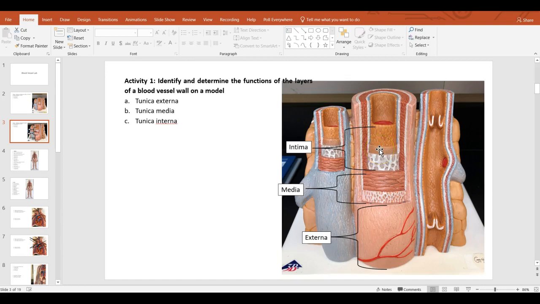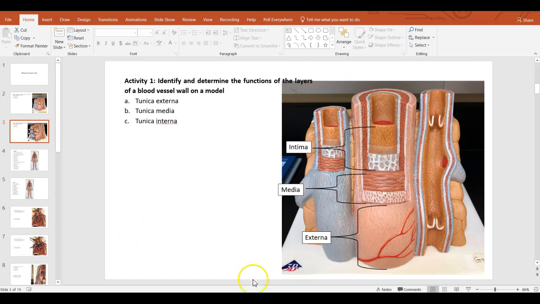The major function of the endothelium is simply to provide a smooth surface for blood to flow over so that you can reduce friction and therefore reduce blood pressure, so that flow is increased and you don't have an increase in blood pressure. So those are your 3 tunics. Just know the tissue types in each tunic and the general function of each tunic.